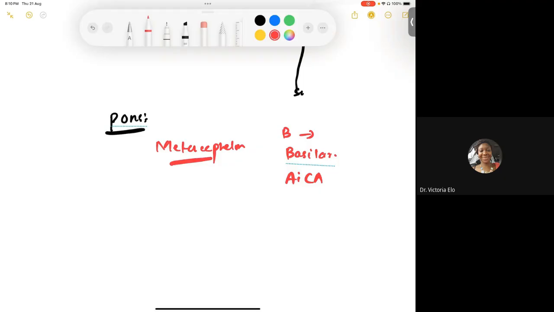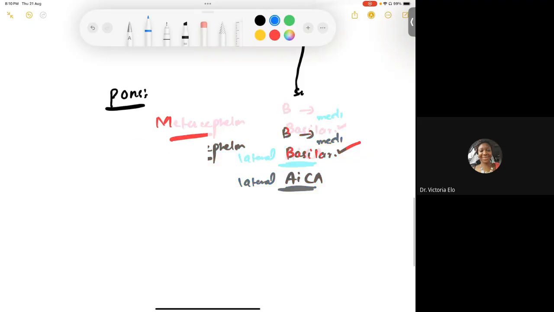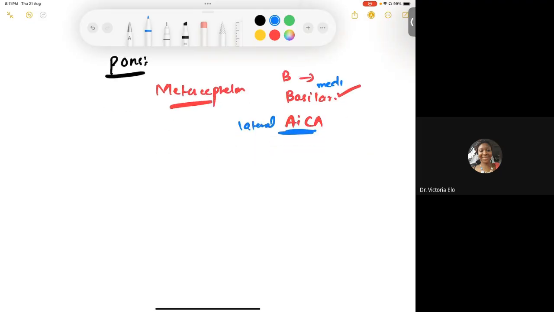So the medial aspect of the pons is supplied by branches from the basilar artery, while the lateral aspects are supplied by the anterior inferior cerebral artery. So what are the significant structures present within the pons? We discussed that cranial nerves 3 and 4 are present within the midbrain.